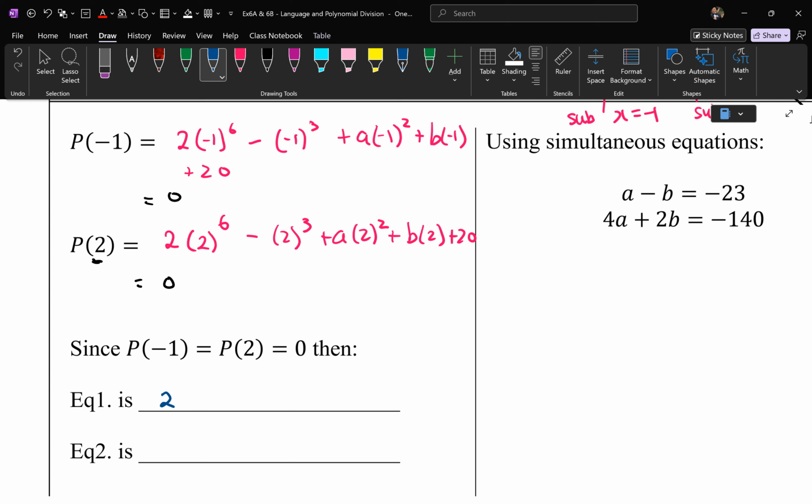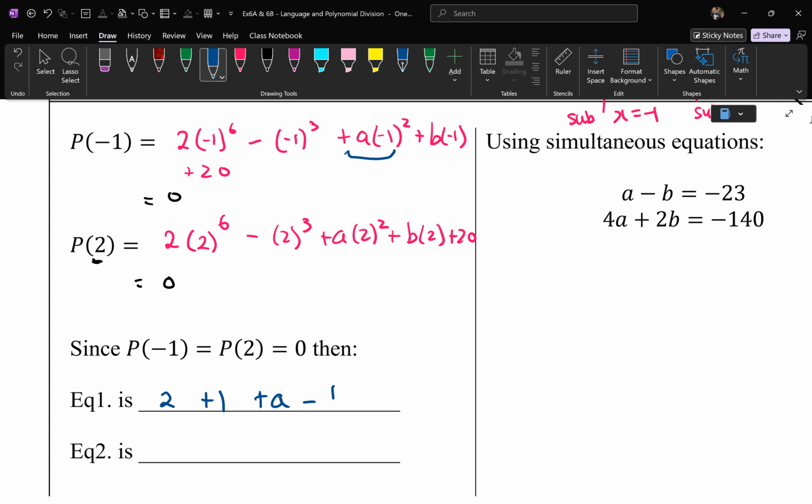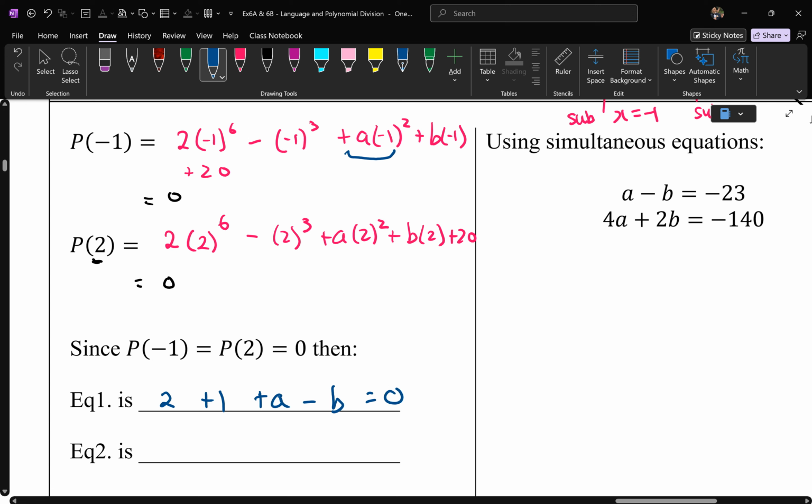So I might as well just write it as +1. And what's -1 squared times a? What does that give you? A. -1 squared is -1 times -1. So it's +1. So +1 times a is a. Plus -1 times b, minus b. This is all equal to 0.